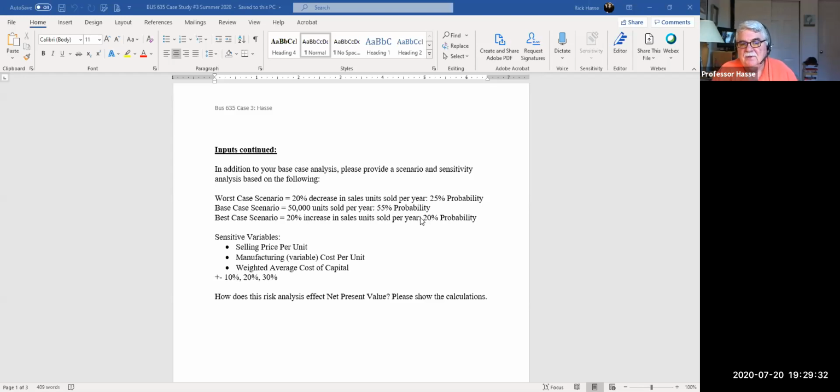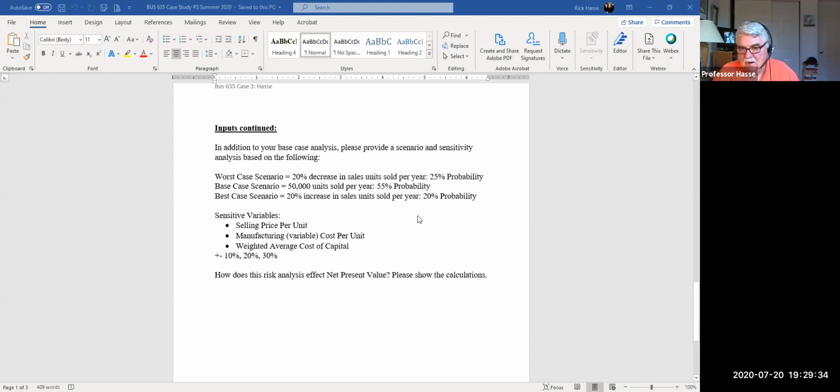And then the three sensitivity variables are, what a shock, not too much of a change from the template we've just seen: selling price per unit, manufacturing variable cost per unit, and weighted average cost of capital, with plus or minus 10, 20, and 30% deviations. How does this risk analysis affect present value?